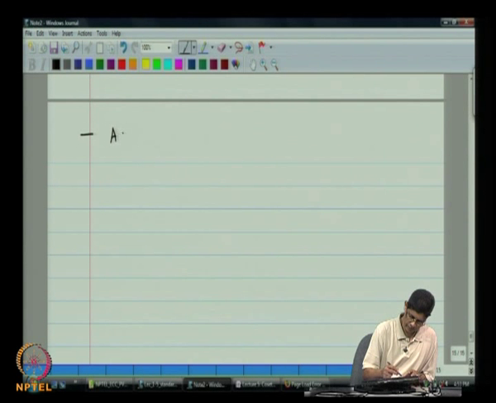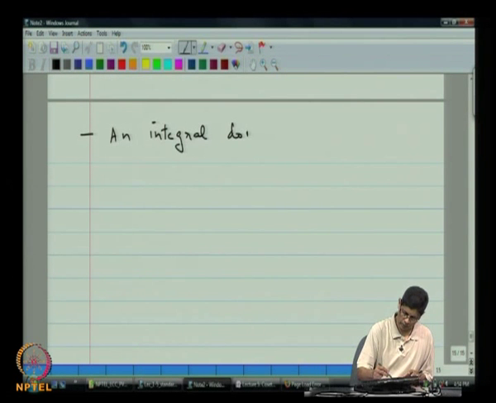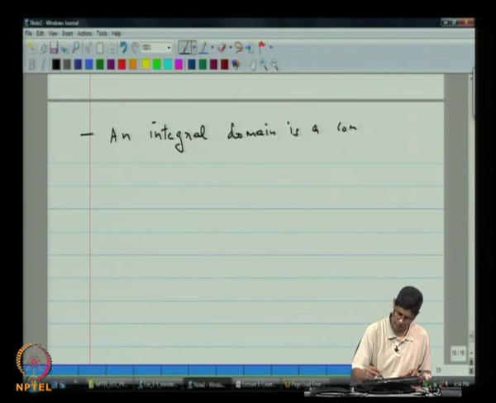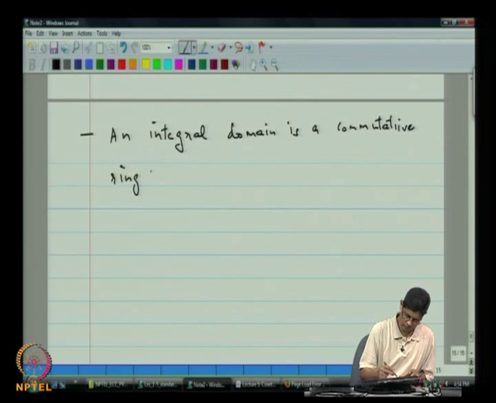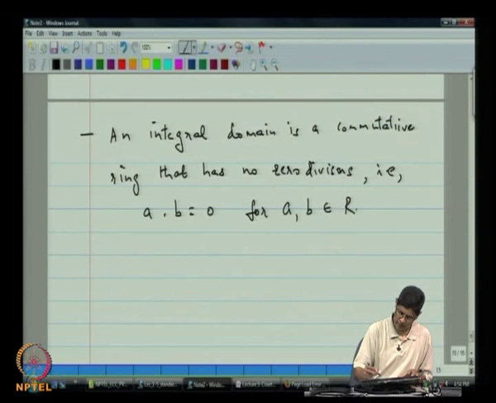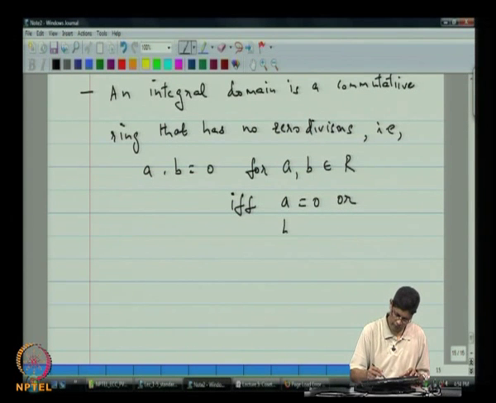An integral domain is a commutative ring that has no zero divisors, i.e., A times B equal to 0, for A, B in R, if and only if A equal to 0 or B equal to 0.